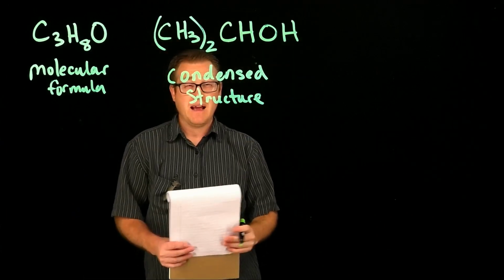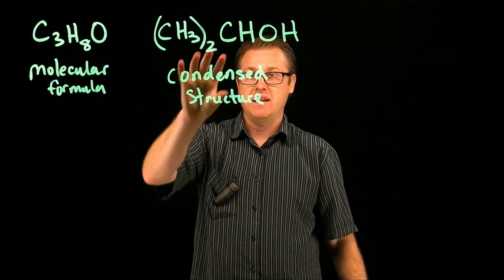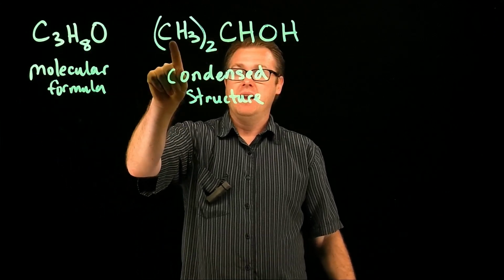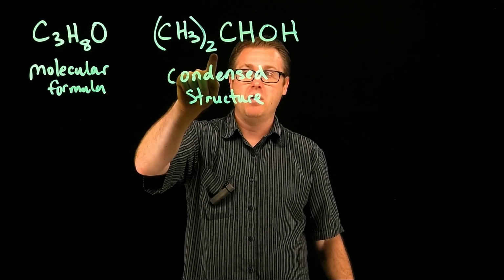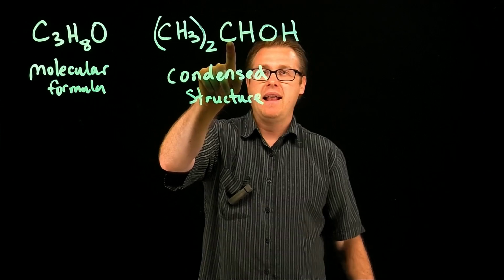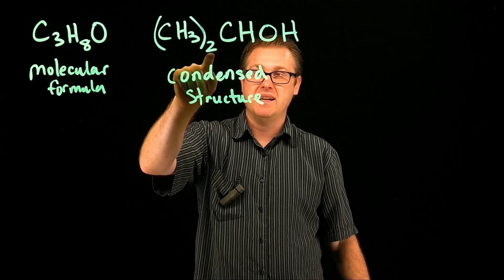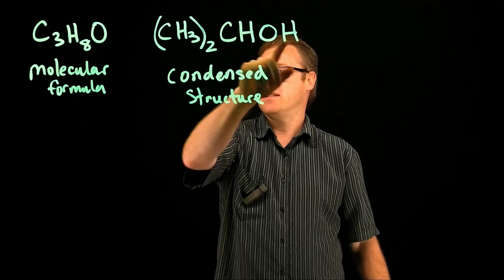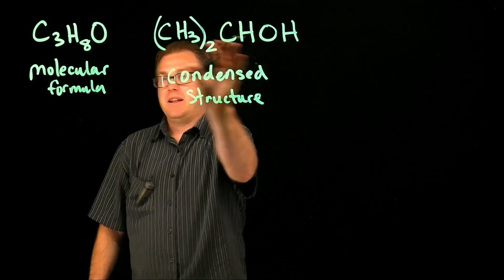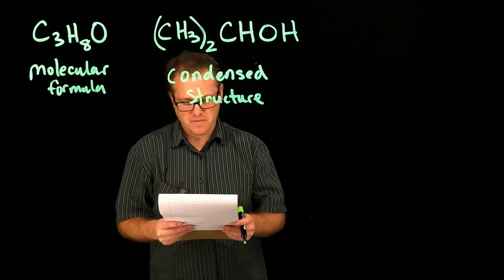Now, if I did this correctly, we should have the exact same amount of atoms in the condensed structure versus the molecular formula. So if this carbon here counts twice, there's 2, 3. I have 3 carbons. And how many hydrogens do I have? Well, there's 3 times 2, that's 6, 7, 8. So 8 hydrogens and 1 oxygen. So it all has to match. That's called a condensed structure.